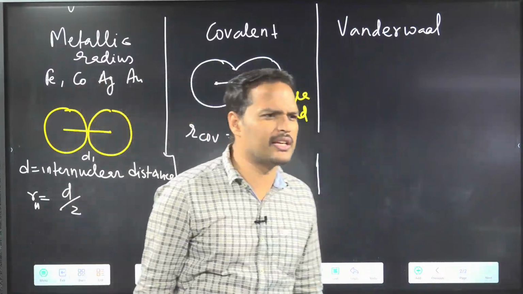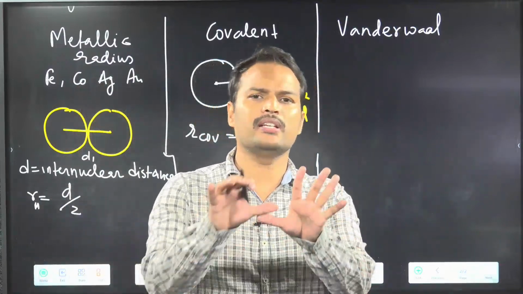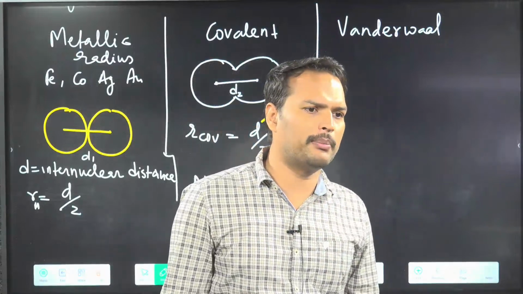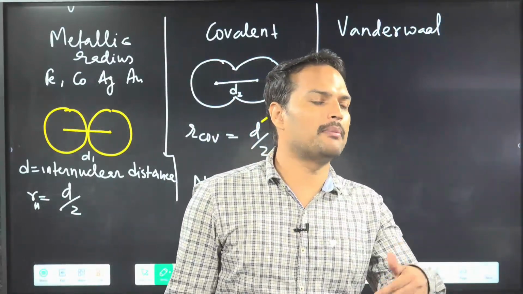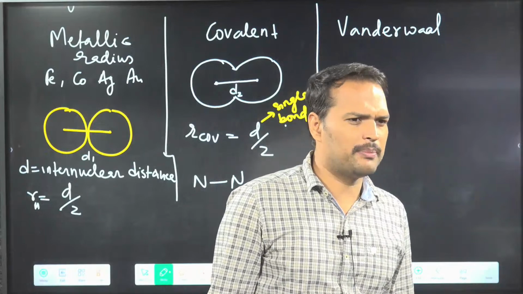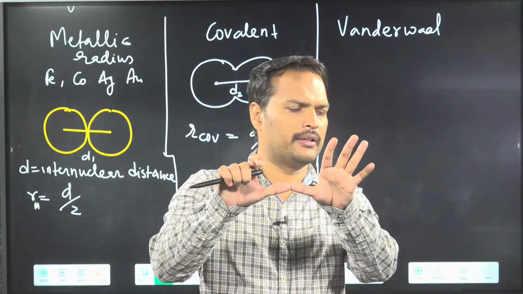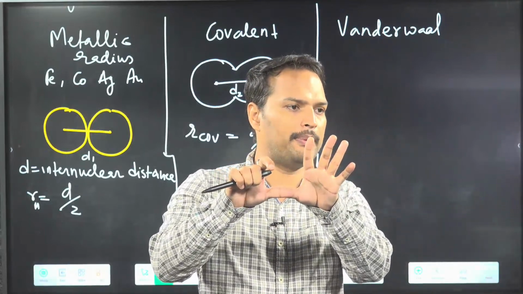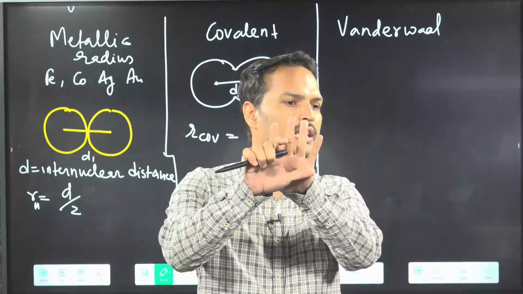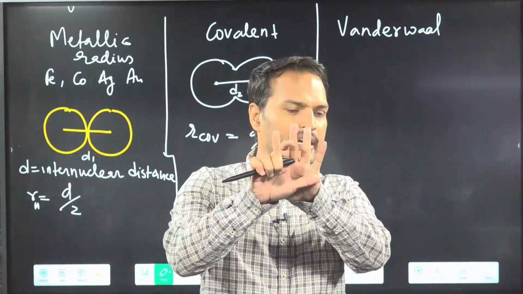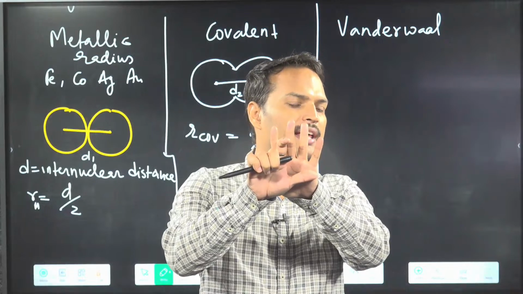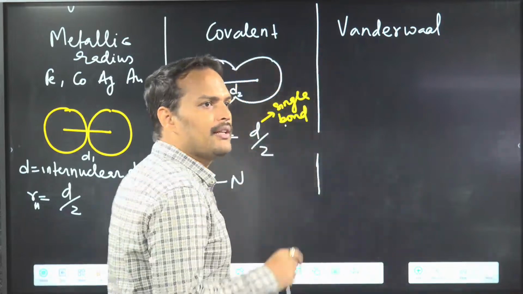Why are you taking single bond? You may ask, sir, why single bond? Why not double bond and triple bond? Because as the number of bonds increases, suppose you have taken a single bond, less overlapping; double bond, strong, more overlapping; triple bond, stronger, more overlapping. Radius data, much error. So we will consider only which bond?